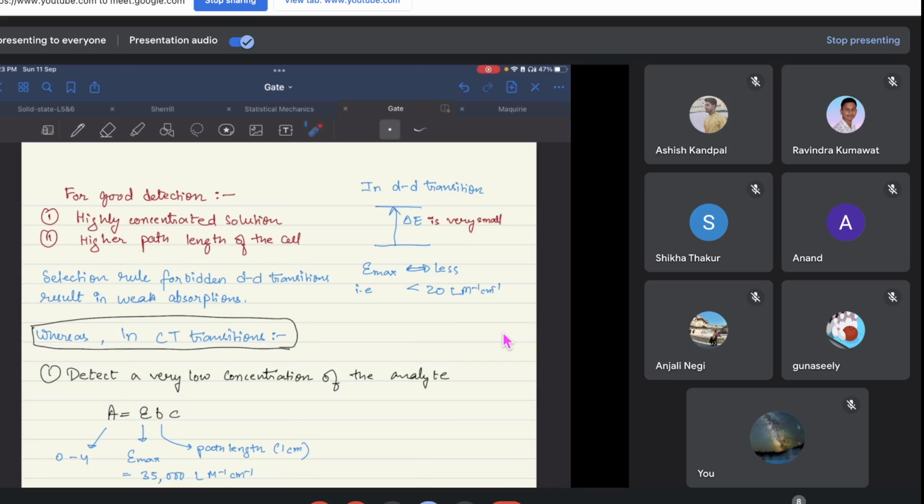Also, this d-d transition shows a very less intense color because of the selection rule forbidden d-d transition. This results in a weak absorption.